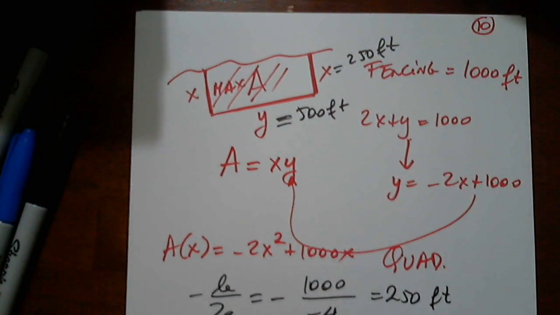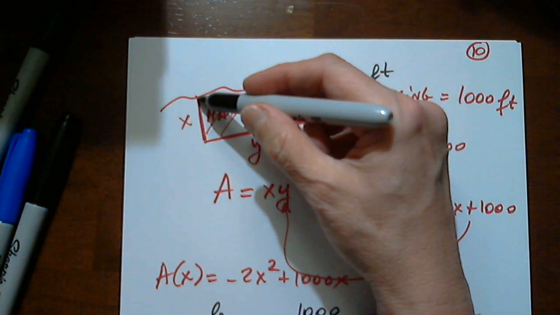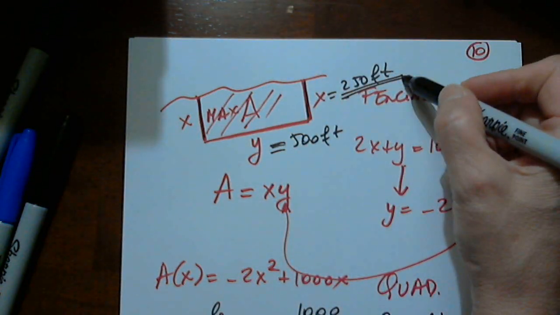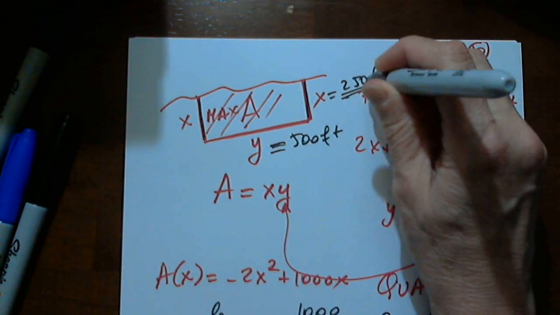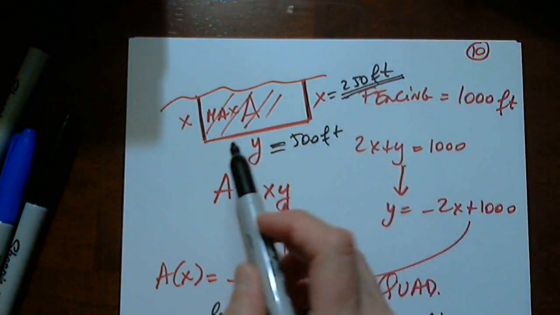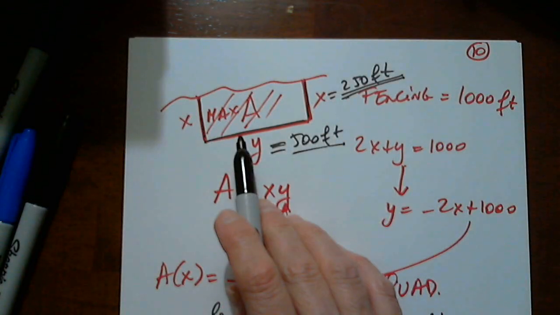So we will tell the farmer, ma'am, sir, make sure that the width is not less and not more than 250 feet, and your length is 500 to guarantee a maximum area.